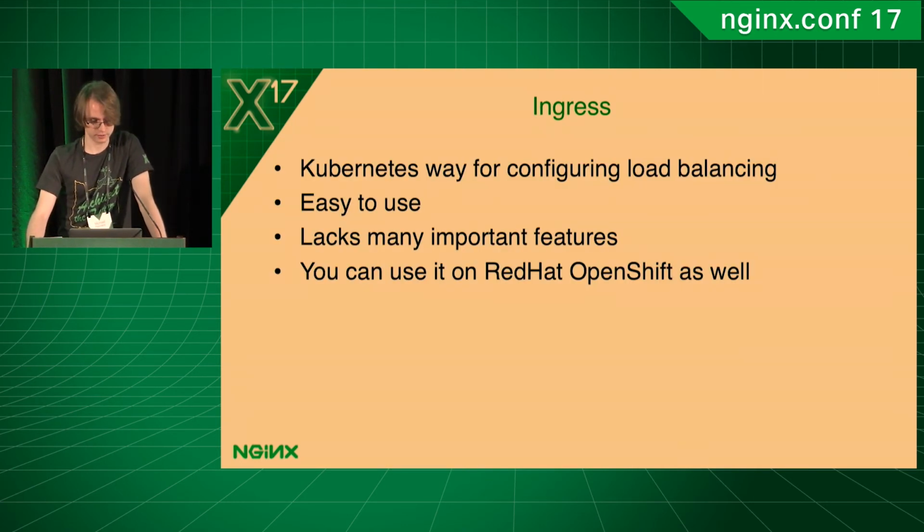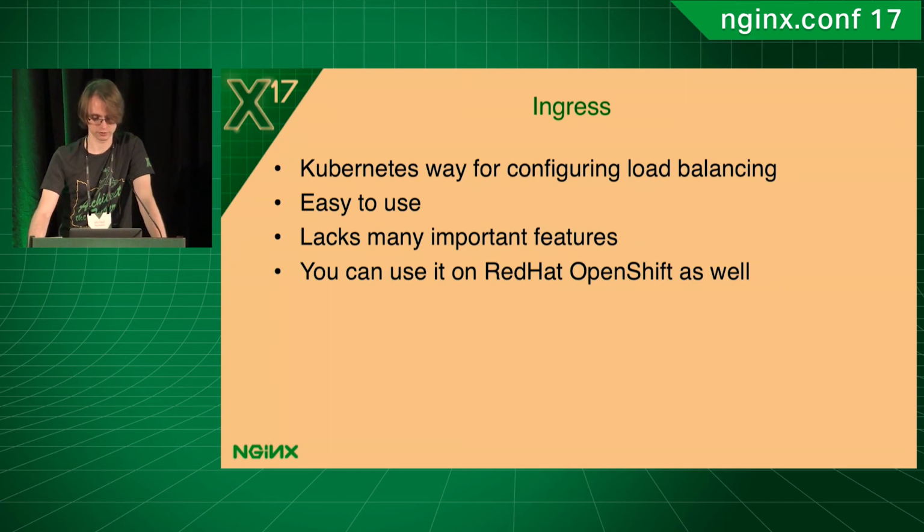So to summarize, the Ingress is the Kubernetes way for configuring HTTP load balancing. It's very easy to use, but it lacks many features that are important for this type of external or edge load balancing.